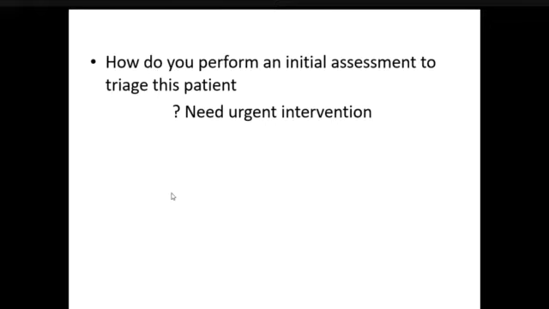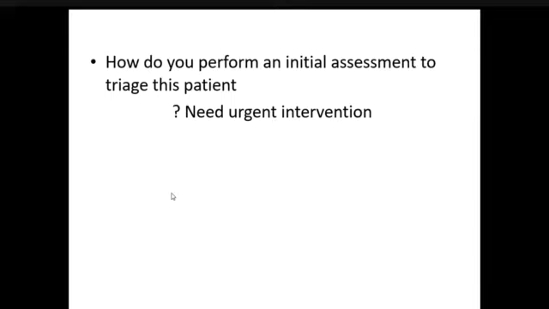Now when you have a patient who has COVID infection, our problem is whether this patient needs any urgent intervention. That means whether this patient is desaturating. As you know, when you go near COVID patients, we have to get dressed with our PPE.